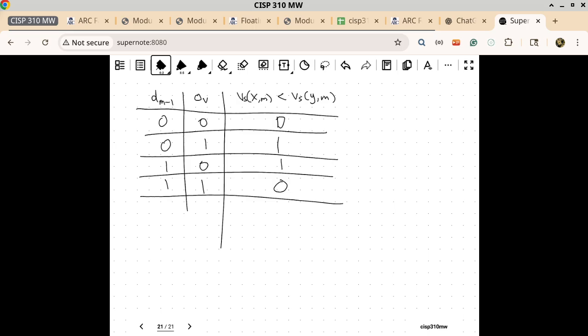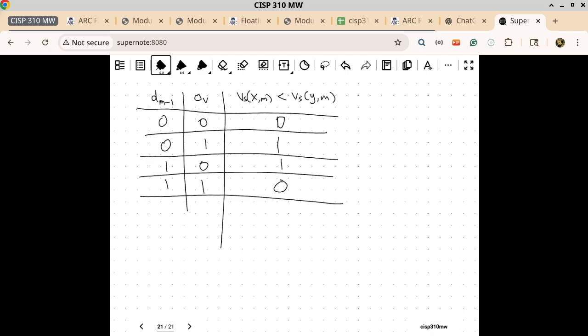Okay, are we okay with how the truth table is constructed based on the sign bit of the difference and also the overflow flag, which is really just saying, can we trust the sign flag? If the overflow is a 1, it means we cannot trust the sign flag of the difference. And if the overflow is a 0, it means yes, we can trust the sign bit of the difference.